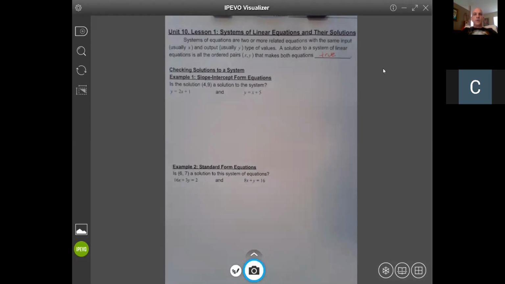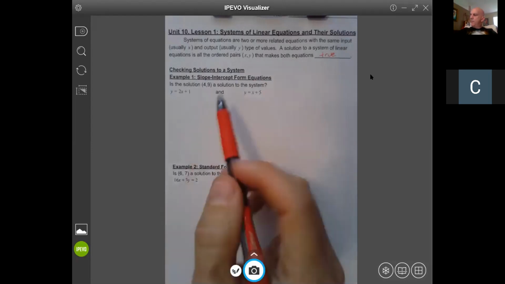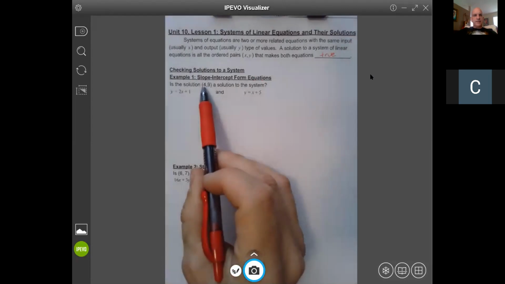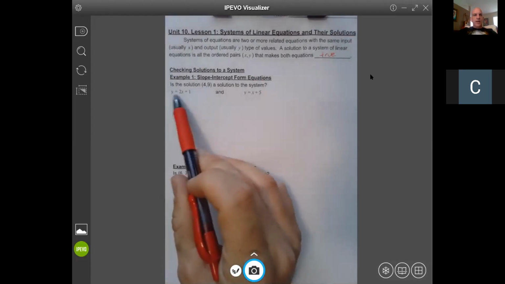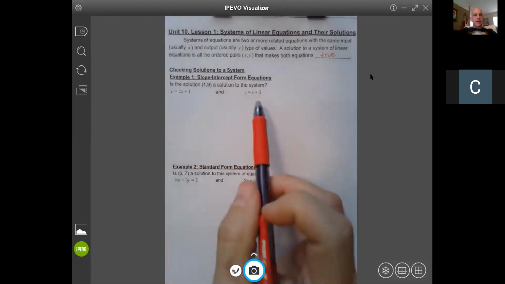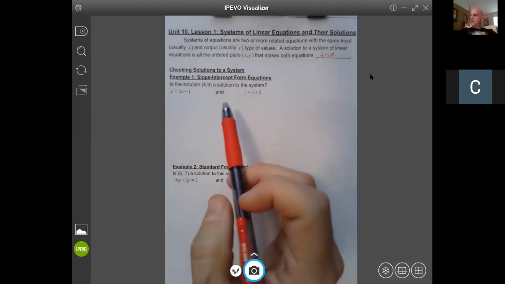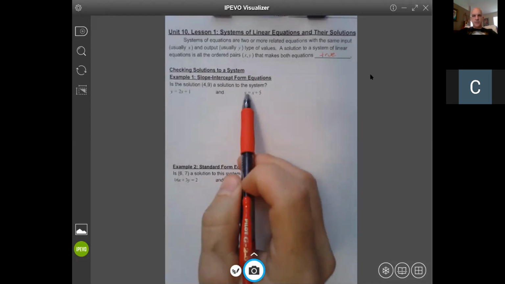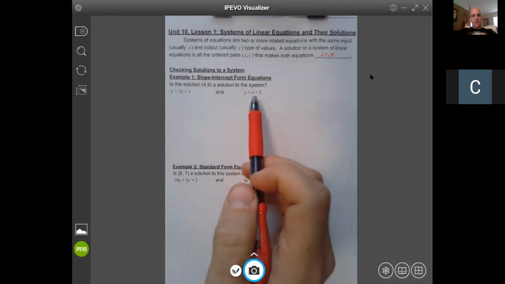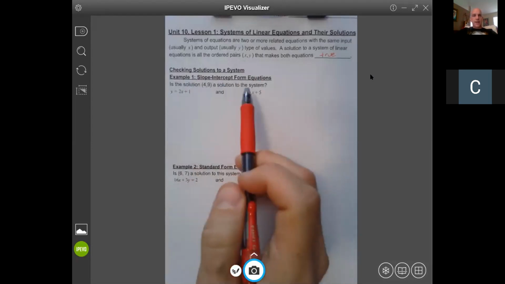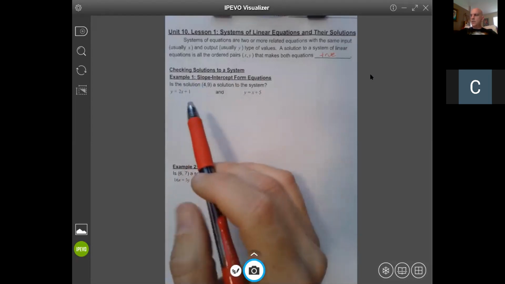To check our solutions, we do that by simply replacing the x and y value in the equations that were given for that system. The system will be two equations that are related in some way, and usually the relation is simply that they have the same variables.